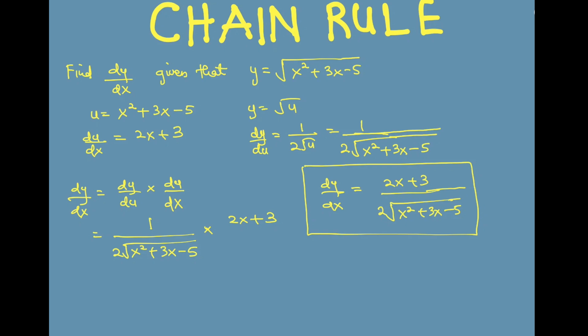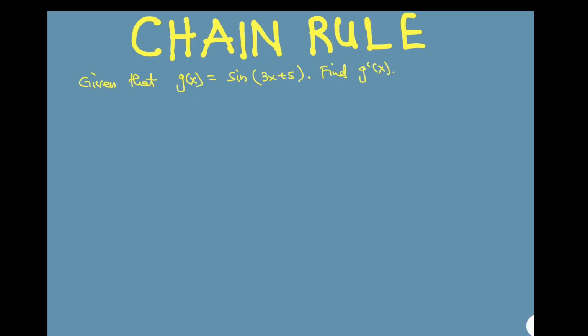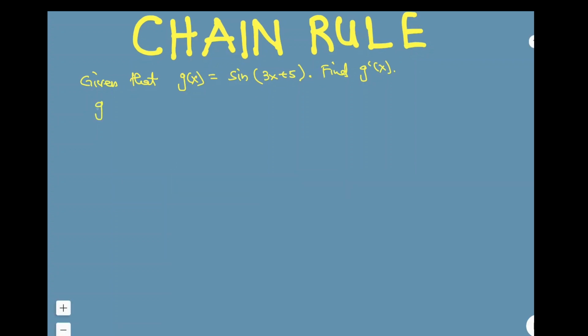Let's look at another example. In this example, we are to find the derivative of g with respect to x, given that g of x equals the sine of 3x plus 5. So we have our function g to be the sine of 3x plus 5.